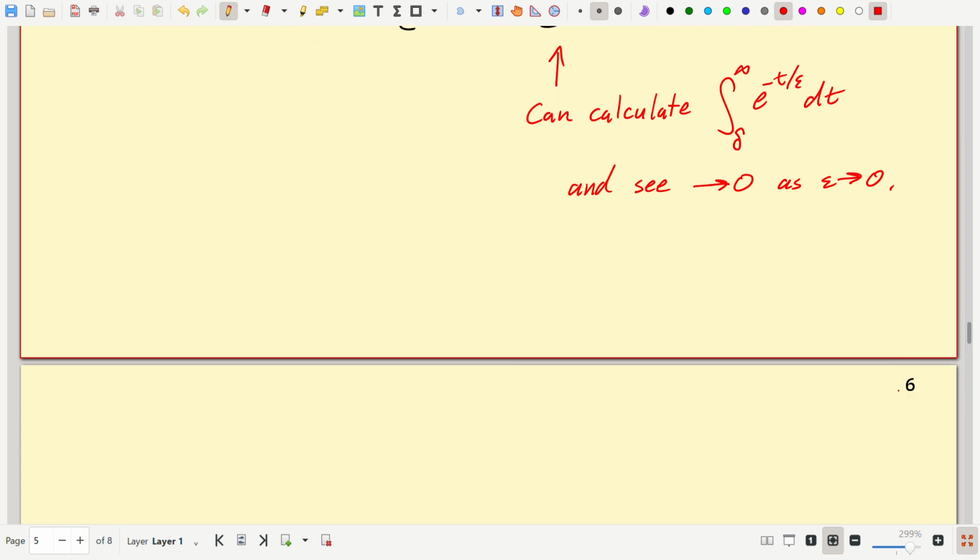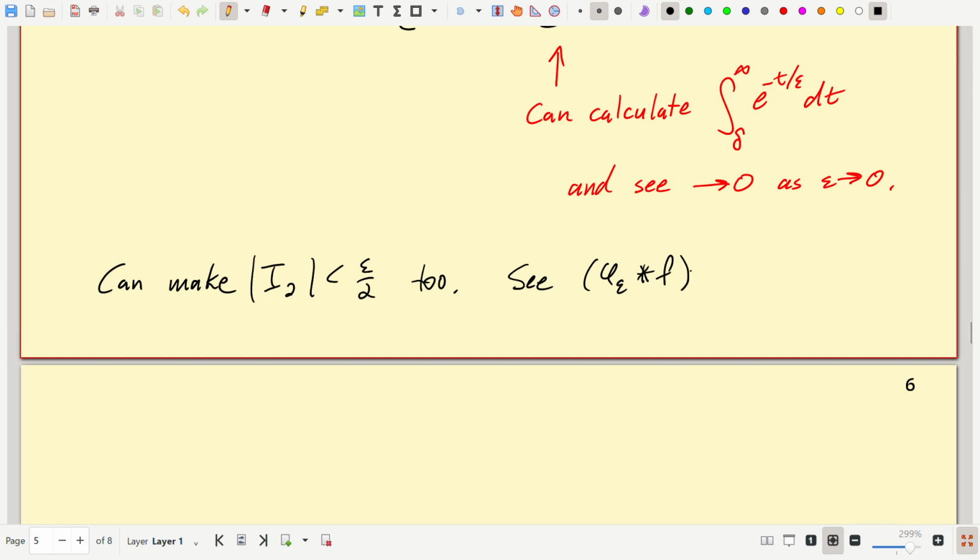So I've actually shown I can make I2 less than epsilon over 2 also. And what we see is that phi epsilon convolved with f tends to f.